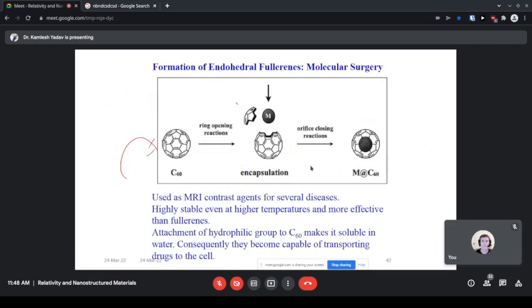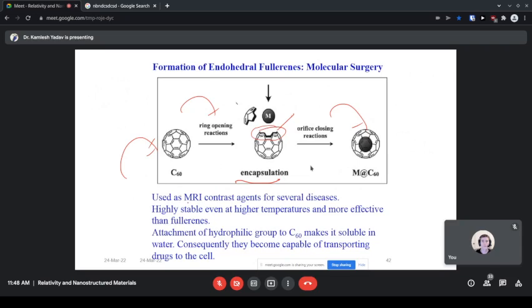suppose this is fullerene, you can do some reaction which is known as ring opening reactions, and you can react these rings, and then there will be an opening, and then in that opening you can add any material, that is known as encapsulation, because this is hollow. Hollow means you can add any material inside, and by adding any material inside, we can change the property of that fullerene further.